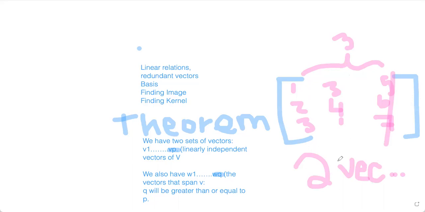But these 2 also span V. So the difference is that these 3 spanned V, but they weren't linearly independent. These 2 span V, but they are linearly independent. In other words, the number of vectors that span V is either going to be greater than the number of vectors that are linearly independent, or it's going to be equal. This is going to be a really important theorem throughout the rest of the chapter.